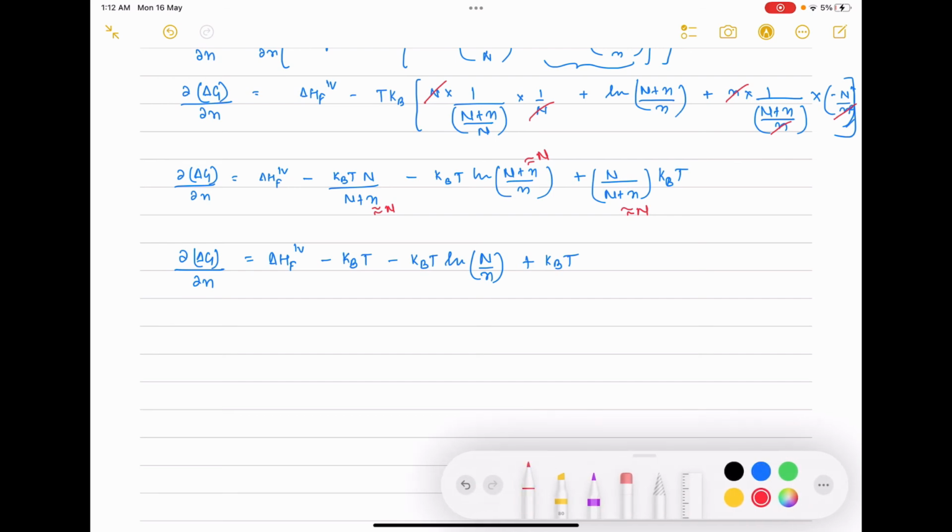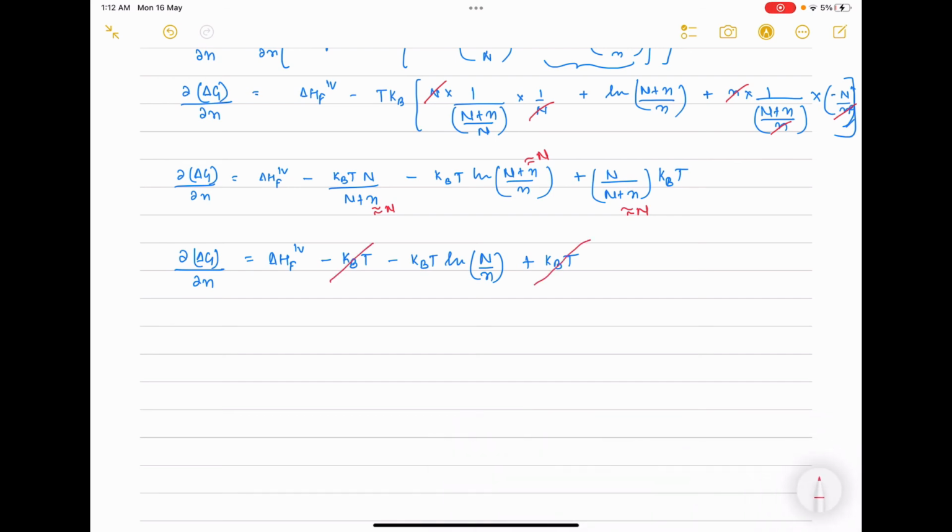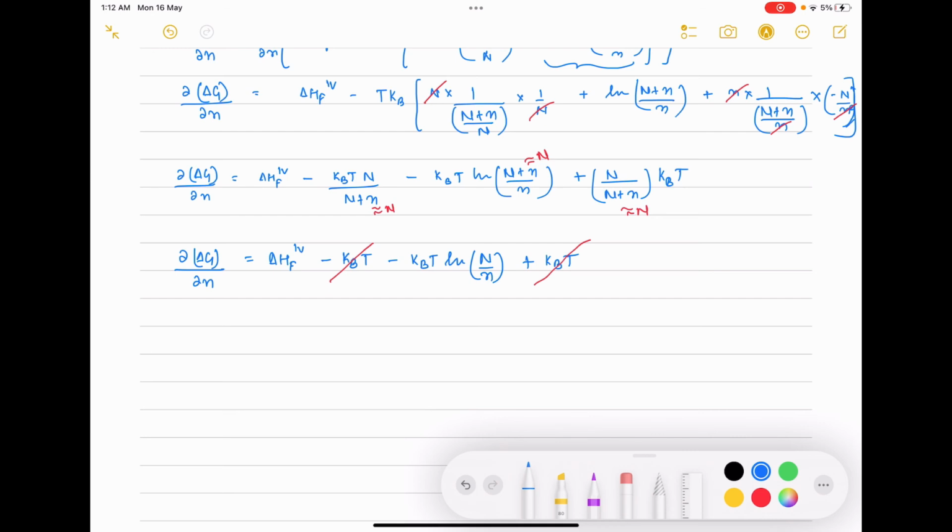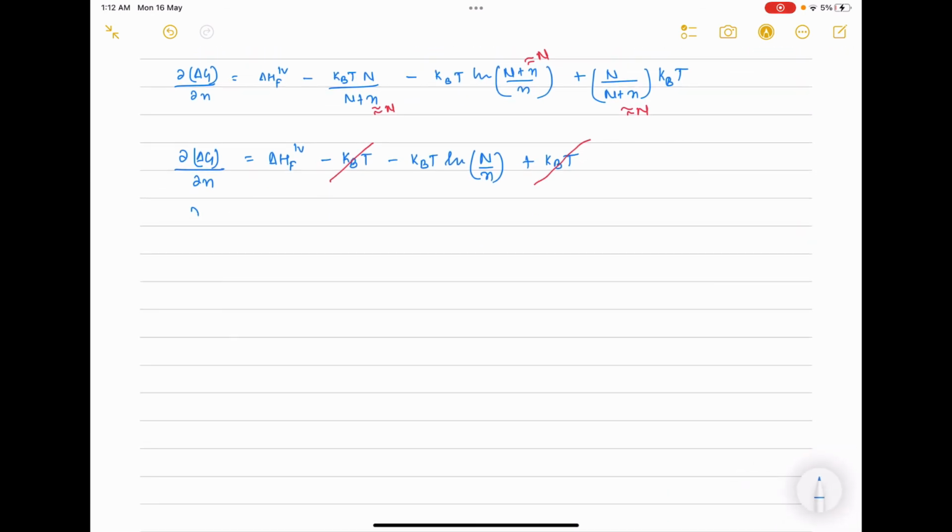So these kBTs also cancel out and we are left with only two terms now. This is del of delta G by del N is equal to delta HF 1V minus kBT ln capital N by small n. So we reverse this ratio and introduce a minus sign, so this equation becomes plus kBT ln small n by capital N.